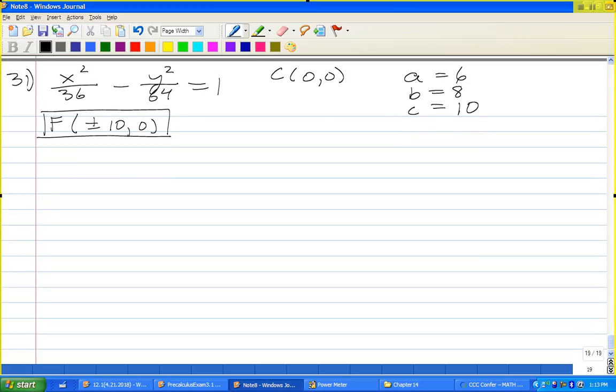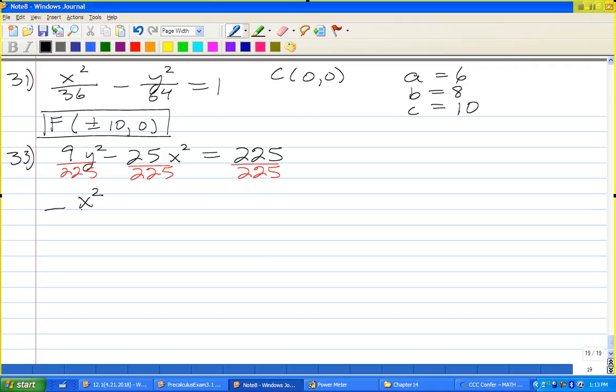33. Nine y squared minus 25x squared is equal to 225. Divide both sides of your equation by 225. And so I have negative x squared over 9 plus y squared over 25 is equal to 1.